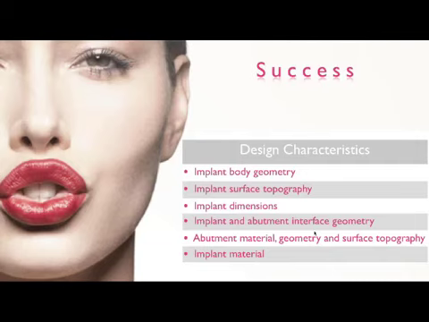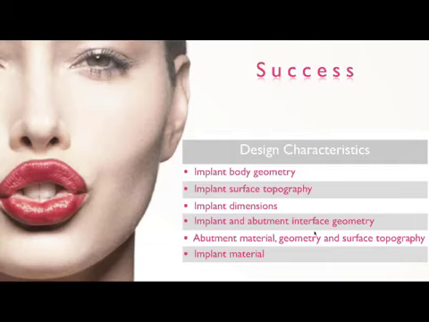The surface topography of the implant needs to be roughened, and we know that a rough surface integrates and accepts the bone much better. The implant dimensions are important because we know a bigger implant has more surface area and thus has better stability.